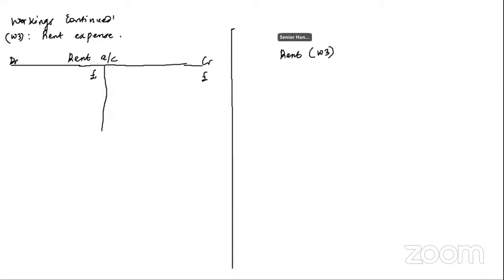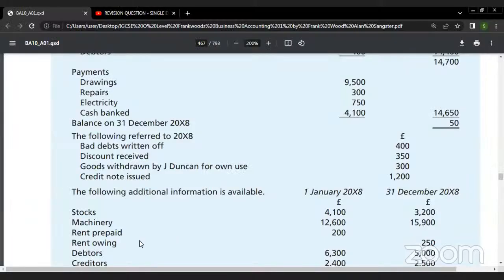Of course, in this rent account, we can enter all our information related to rent. The first thing we have, of course, is some rent prepaid at the start of the period. We had paid in advance rent in the previous year, so there is an opening balance. Remember, rent prepaid is a current asset. Then rent owing.